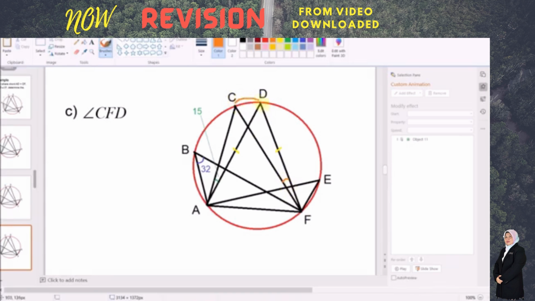If we look at this side, there is another angle also subtended by the same arc CD, because of this line and this line. Hence, this angle equals this angle, which is 15. Hence, CFD is also 15.